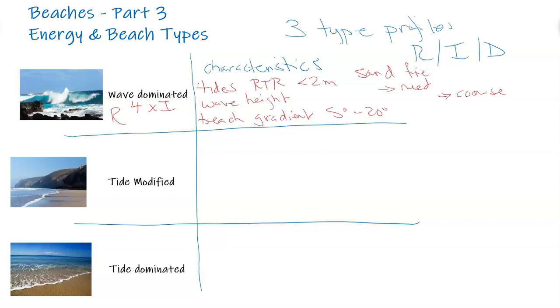Then you also have dissipative as well. So that also happens. Then you get tide modified. Tide modified, again, is that mixture of tides and waves. There's more of a balance. So you can get varying different features.